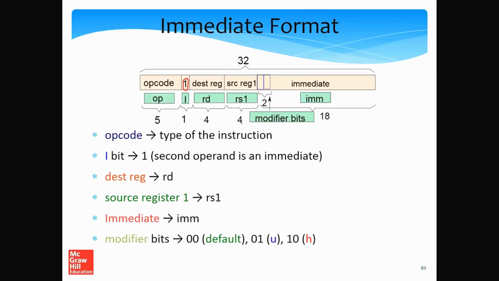The first source register, 4 bits for that. So total number of bits we have consumed up till now is 5 plus 1, 6, plus 4, 10, plus 4, 14. We have 18 bits left, which is exactly what we need. So we'll have a 16-bit immediate, and we can put in our 2 modifier bits over here. Recall that the modifier bits have, we defined 3 kinds of modifiers. 0, 0 is a default modifier.